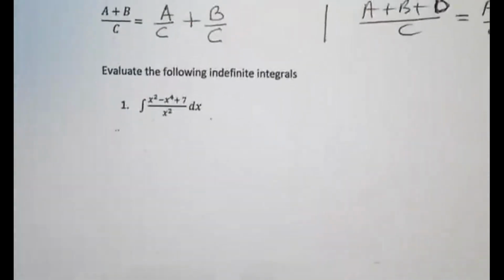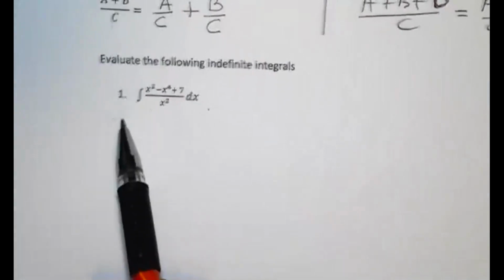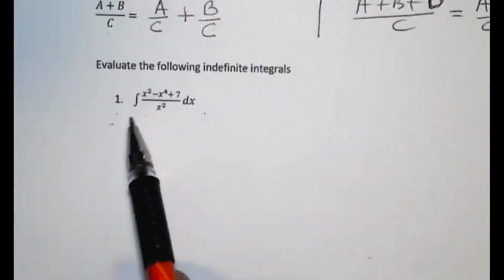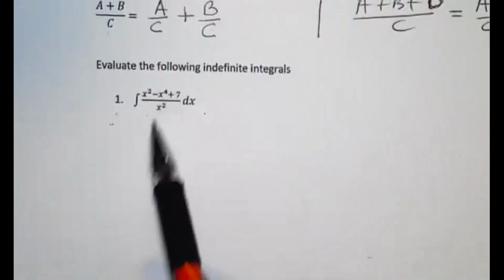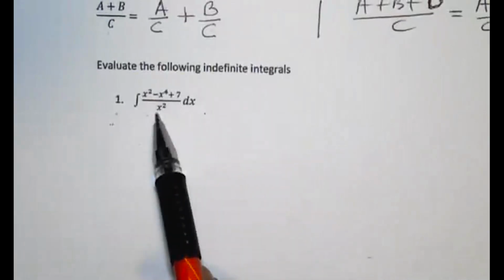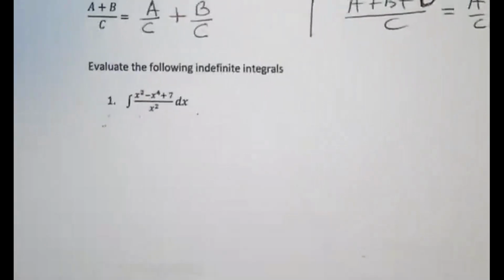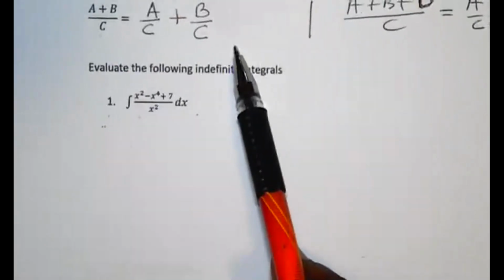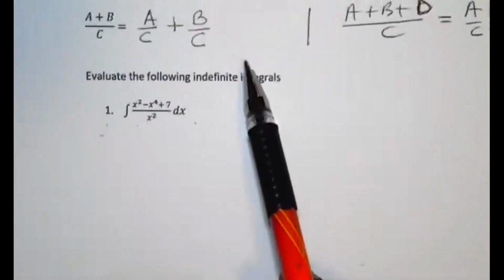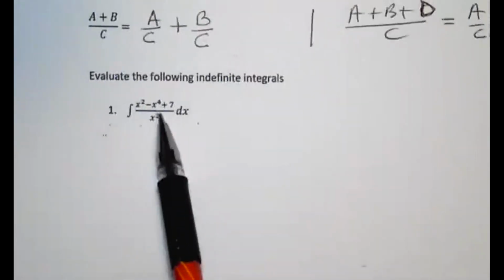So the first question is this. We want to find the integral of x squared minus x to the power 4 plus 7, divided by x squared. To do this, I can apply the concept that we just discussed. Divide each term by the common denominator.